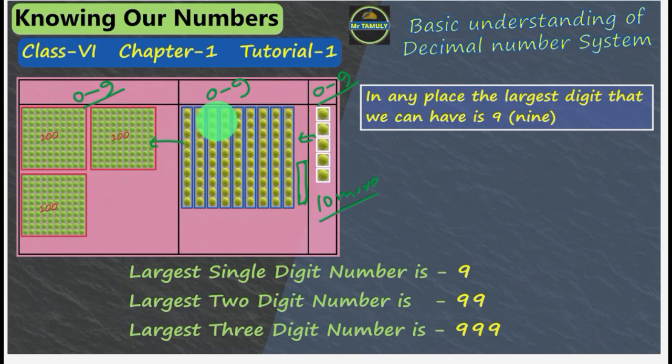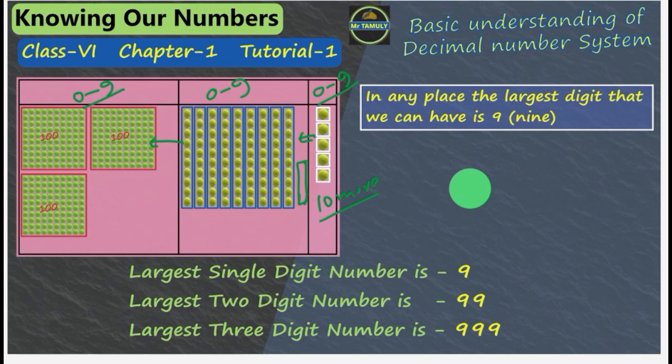So the thing we can learn from this is the largest single digit number is 9 and the largest two digit number is 99. Similarly, the largest three digit number is 999.